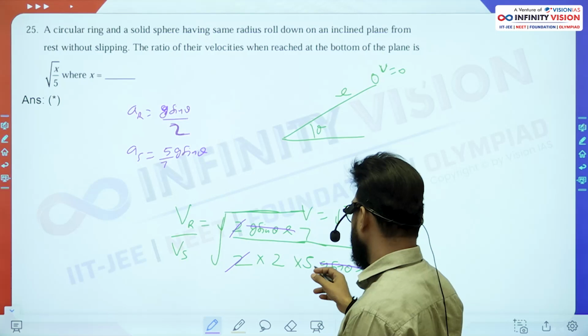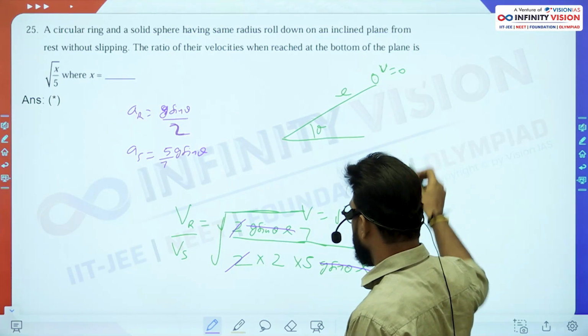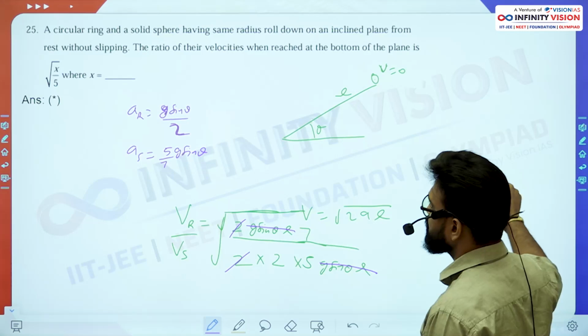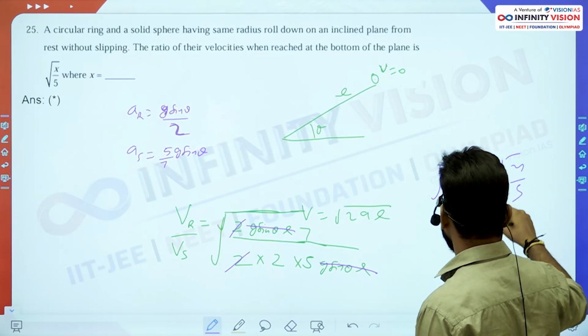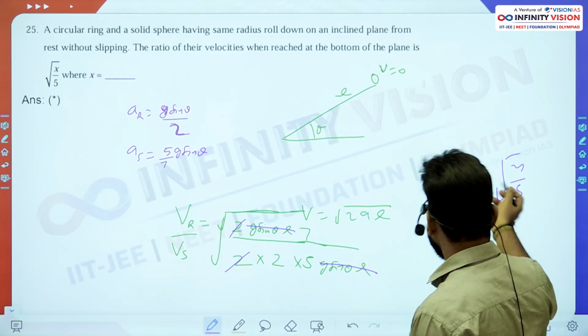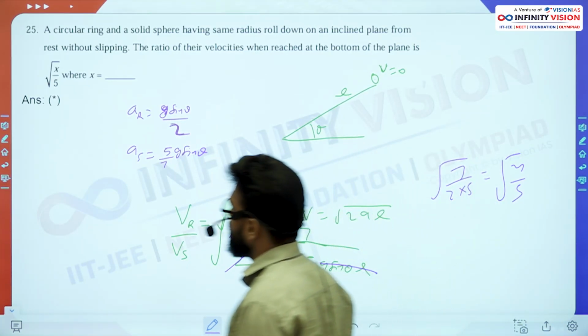The expression that we are getting is under root 7 by 2 into 5. This is already given to you as root x by 5. So x comes out to be 7 by 2. This is how you are getting the answer.